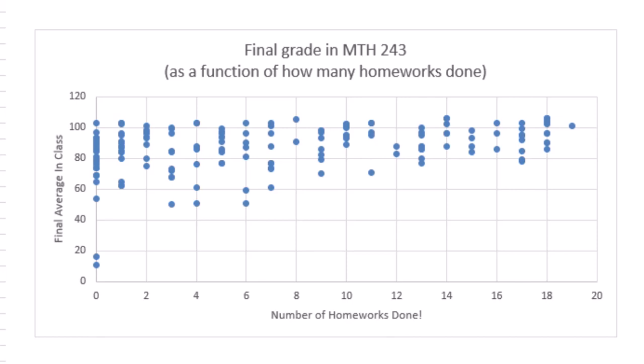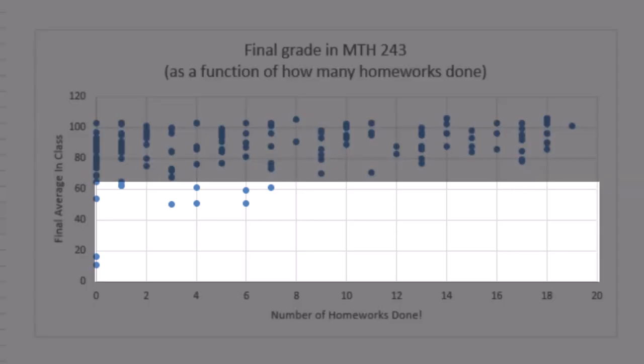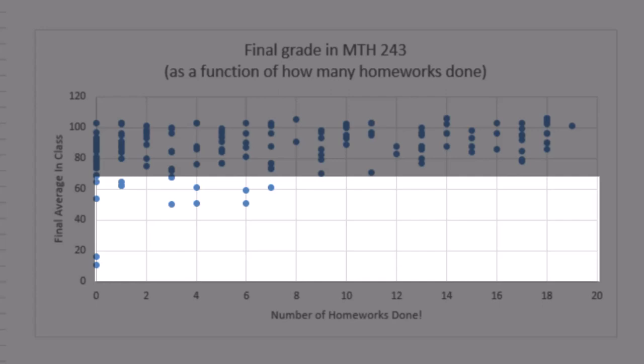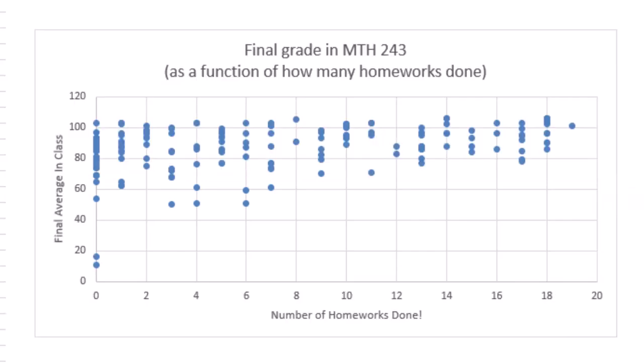Another thing I've noticed is the low grades. When I say low, I'm talking about 60 and below, maybe even 70 and below. It depends on what you want to call low. But I noticed that the lowest grade in all the categories tends to rise up like this, which tells me that historically, students that do more homework have typically higher low grades.